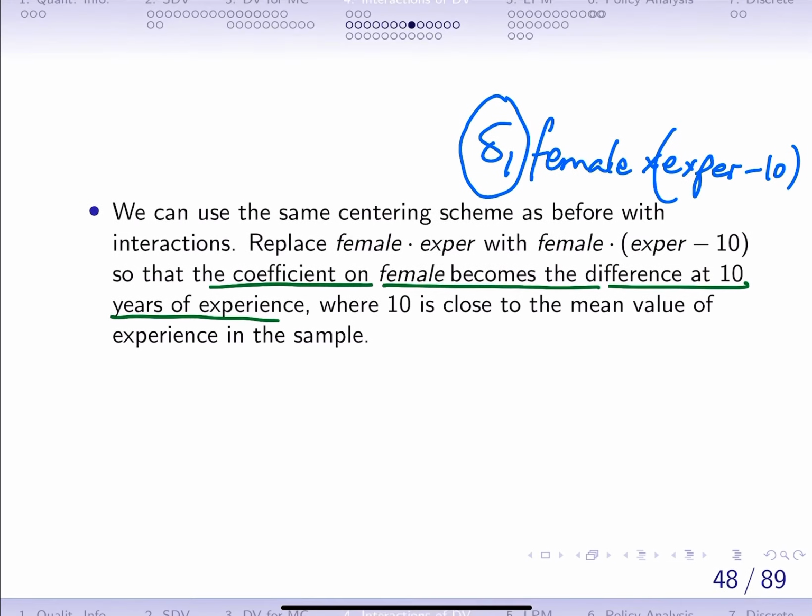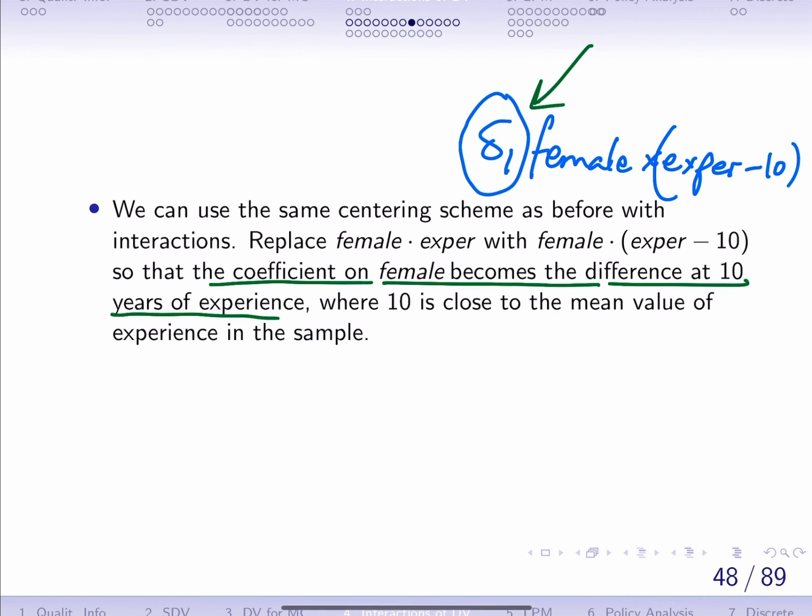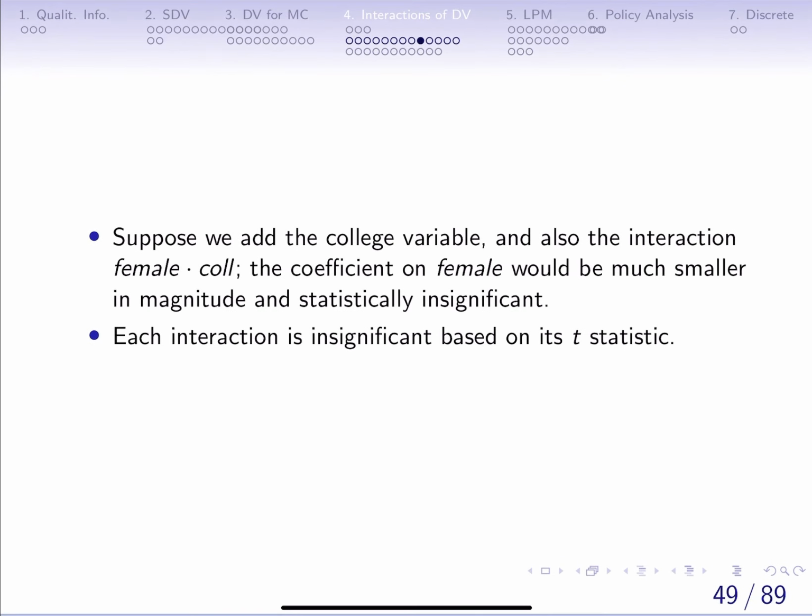This is a coefficient, but it's really giving you the difference between the two groups, females and males.